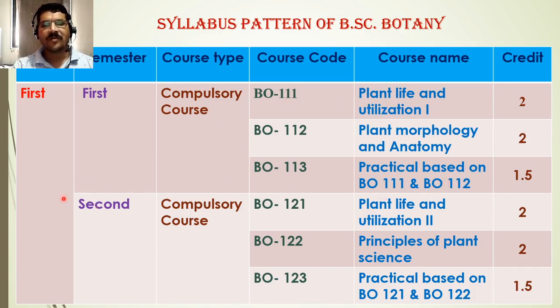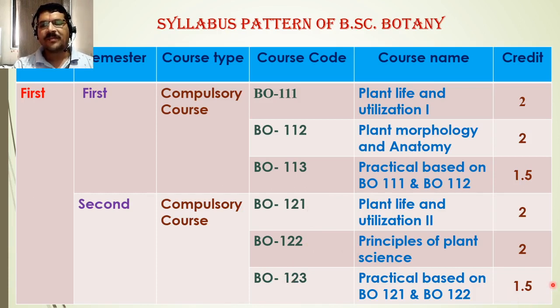The second semester was also the same, and all 3 papers are compulsory papers, similar to the first semester. The first paper of the second semester was plant life and utilization. The second was principles of plant science, and both these papers carry 2 credits each. The third paper, similar to the first semester, is based on the first and second papers of the second semester.